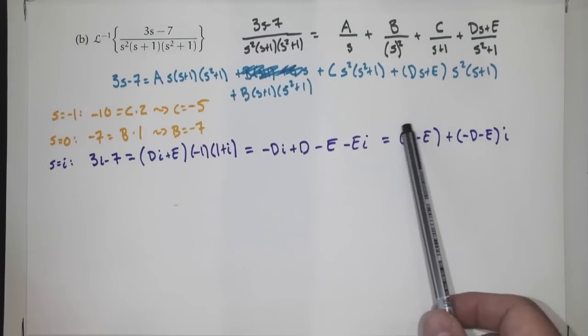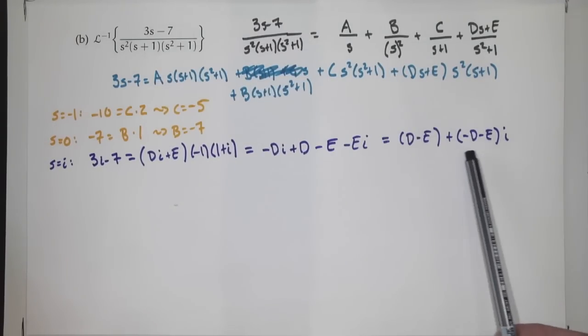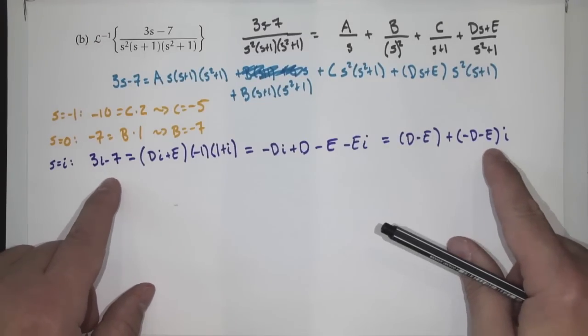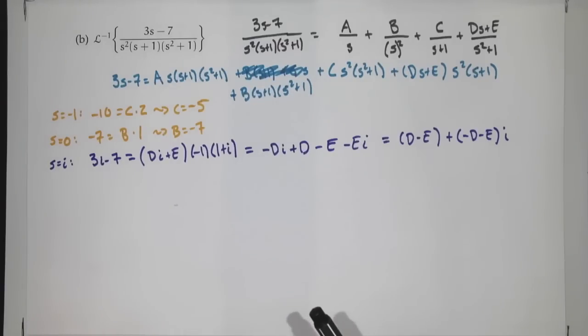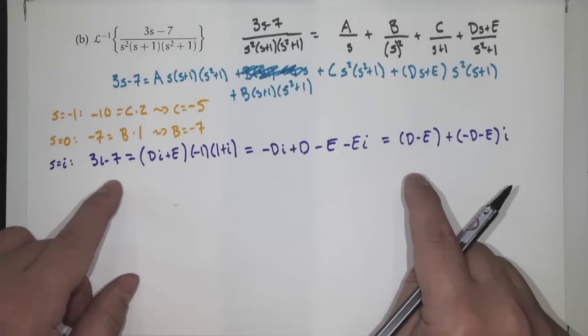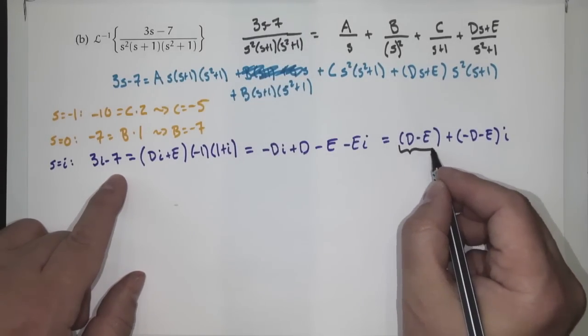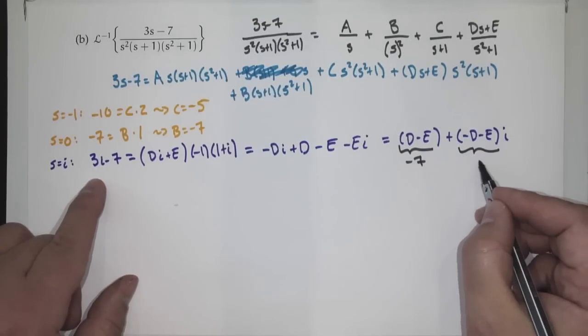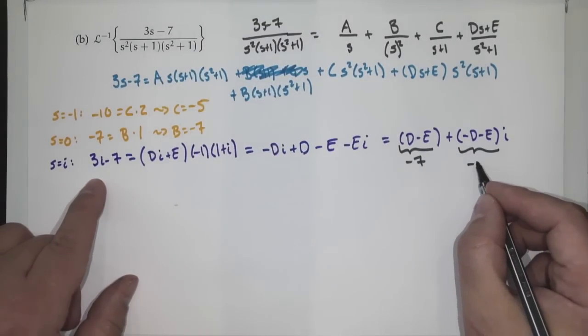Which means that D minus E is a real number, and minus D minus E is a real number. Now, why is that useful? Well, it's useful because if I have two imaginary numbers equal to each other, then I have to have that the real parts are equal, so that this D minus E is negative 7, and the imaginary parts are equal, so that minus D minus E is negative 3.